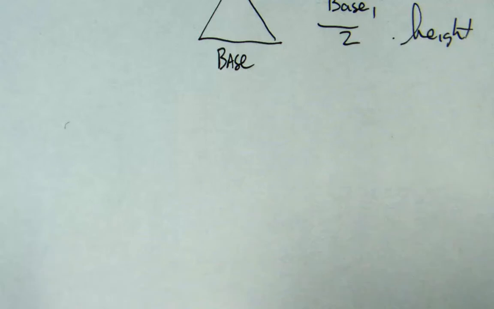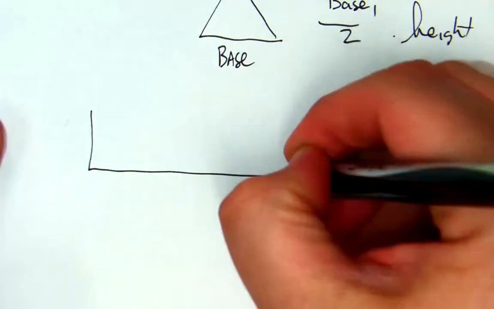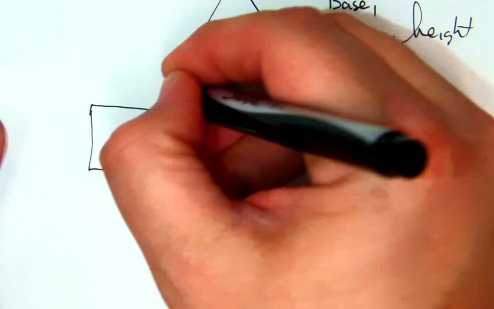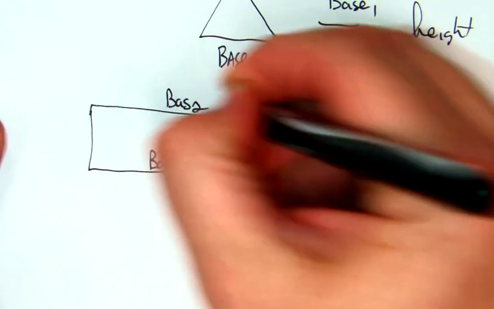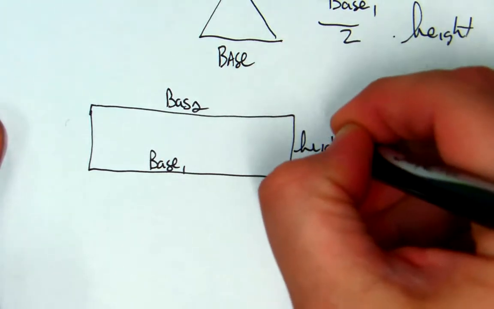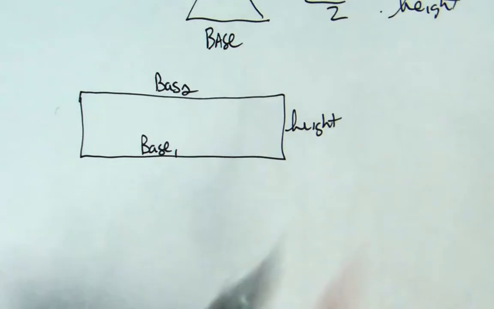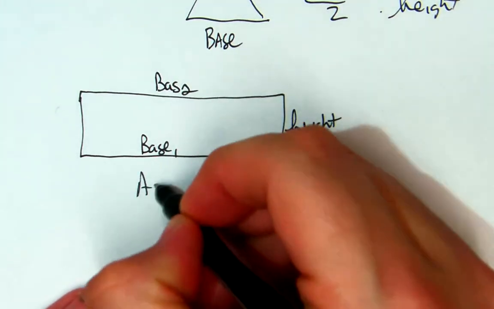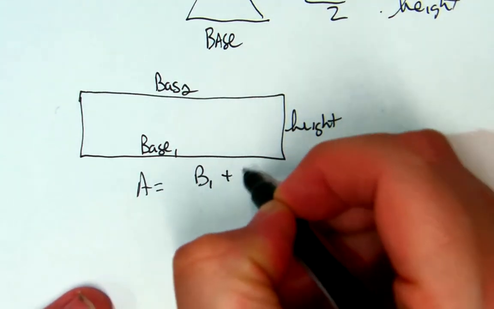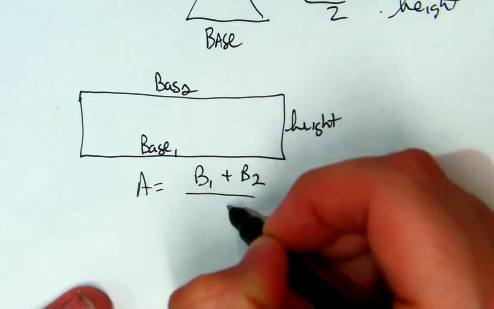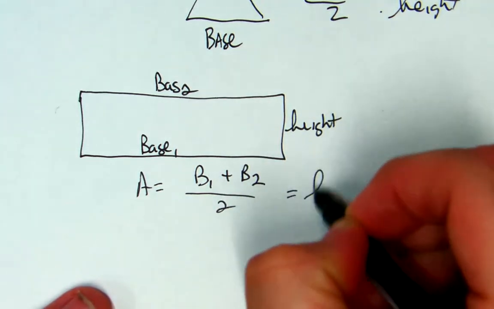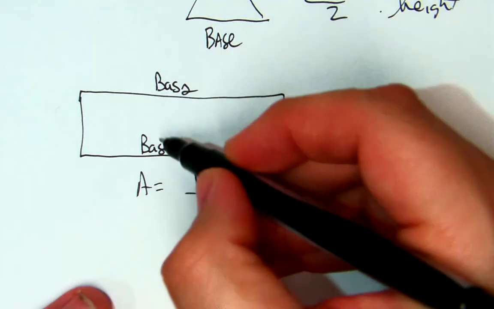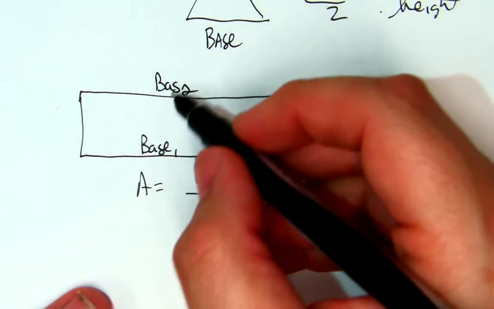One last thing. Parallelogram. Let's go rectangle. That's base 1. That's base 2. That's the height. Now we know length times width, right? Area is length times width. But if we go area is equal to base 1 plus base 2 over 2 times the height, isn't base 1 equal to base 2?